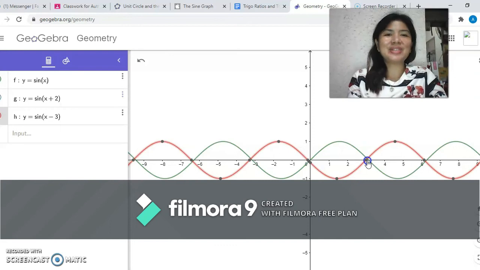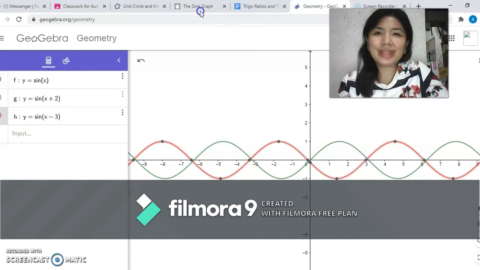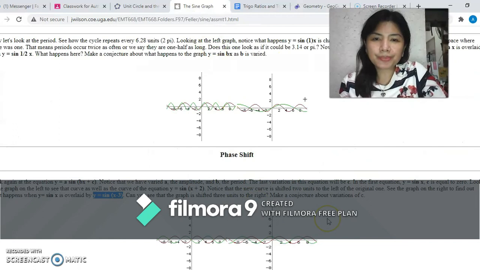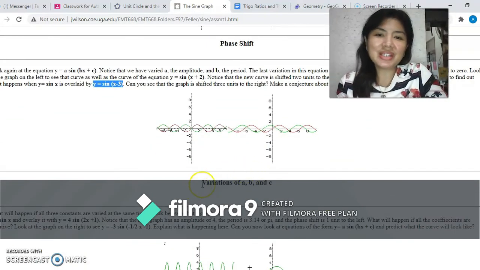So phase shift is the shifting of the starting point of the sine wave either to the left or to the right, depending upon the value of the C coefficient. What would happen now if we have variations of A, B, and C?